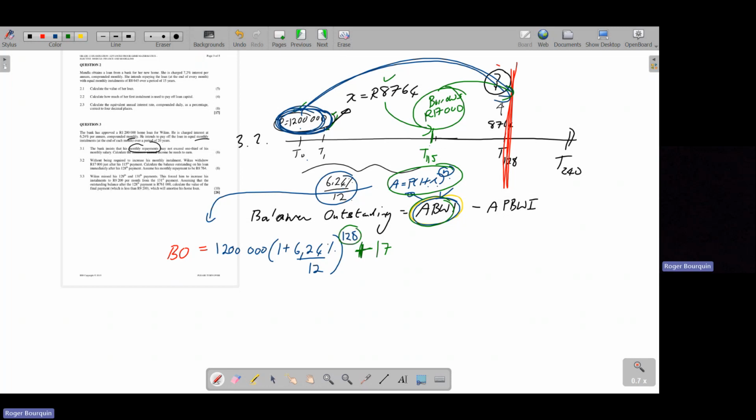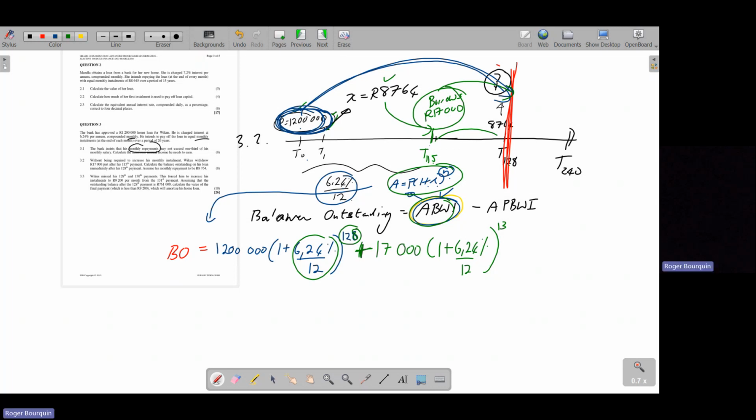Everything here is in months, guys, that's why it's 6.24% over 12, at the same time unit. So 17,000 is P, times 1 plus 6.24% over 12. And how many months interest does this collect? Well, it goes from T115 to T128, which is 13 months interest over there.